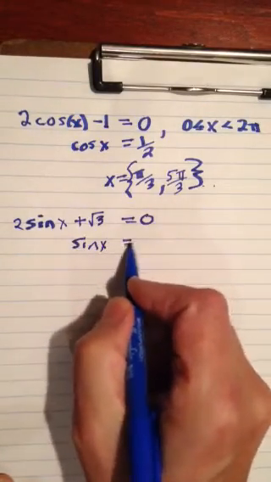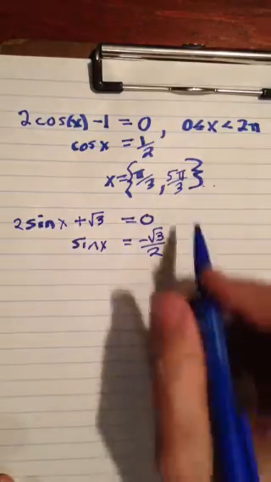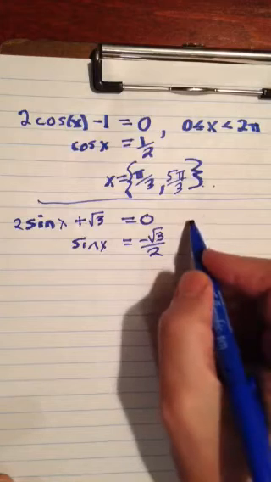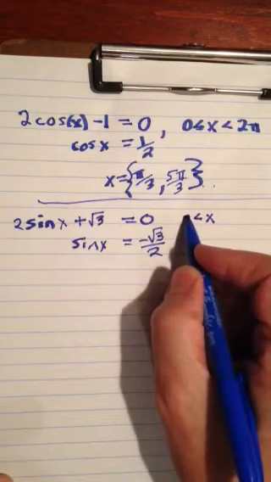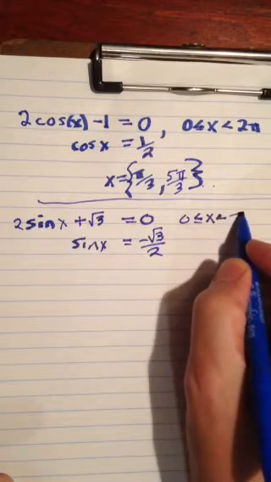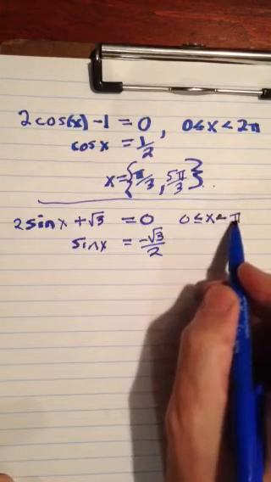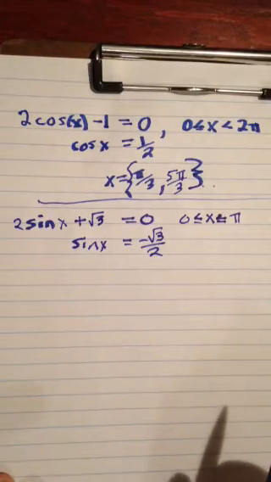We're going to subtract square root of 3 and divide by 2. Let's say the domain this time is from 0 to pi. Sometimes they'll include the last number, sometimes they won't. Let's say they include it this time, though it's not going to make a difference on our answer.